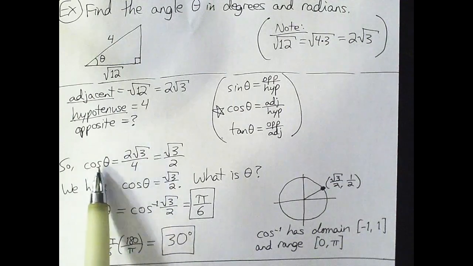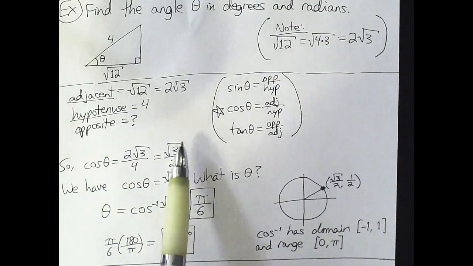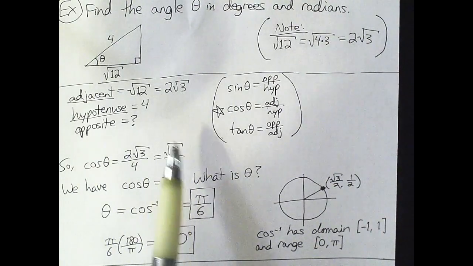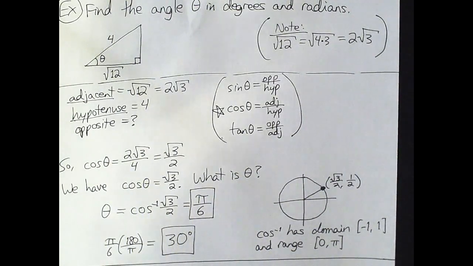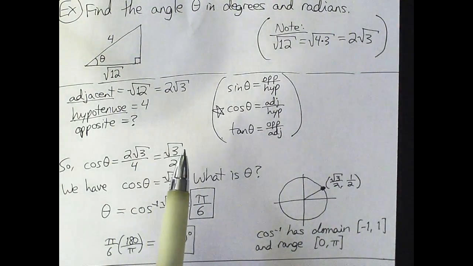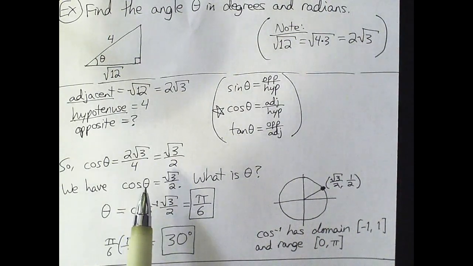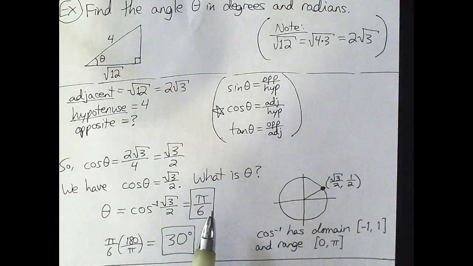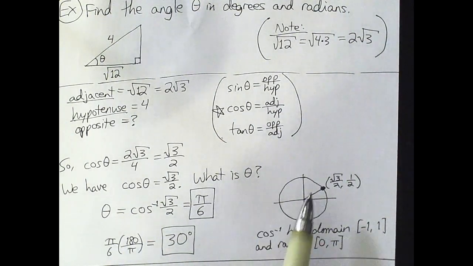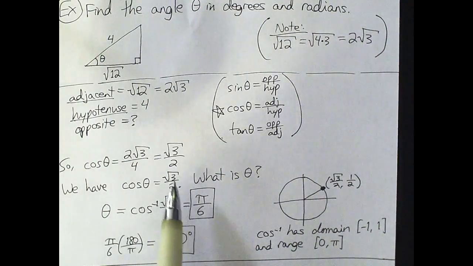We said cosine is going to be this over this, which happened to work out to be a familiar number. And that's often what's going to happen in these problems. You say, all right, cosine of theta equals that familiar number, and I know cosine of pi over 6 is going to equal square root of 3 over 2.